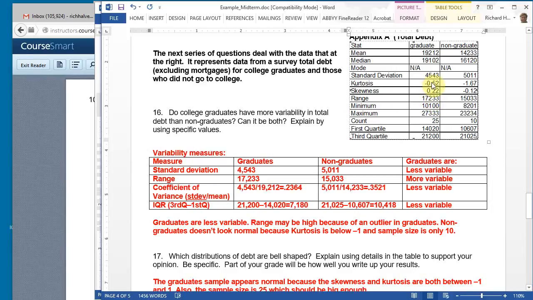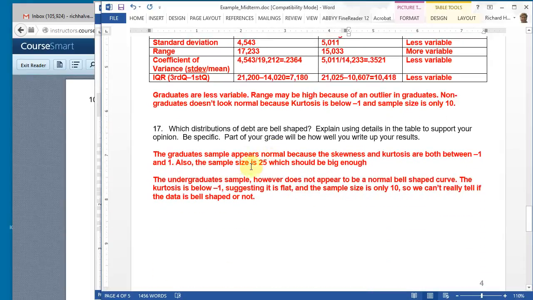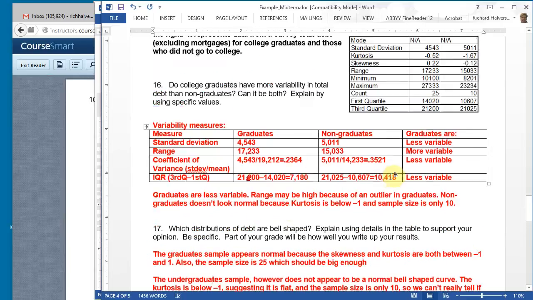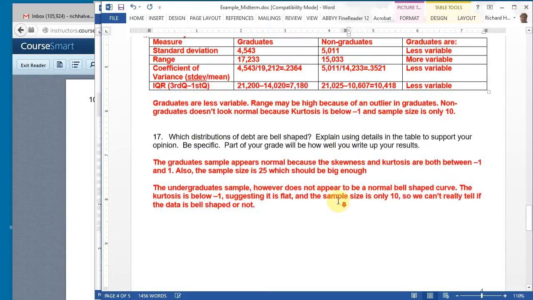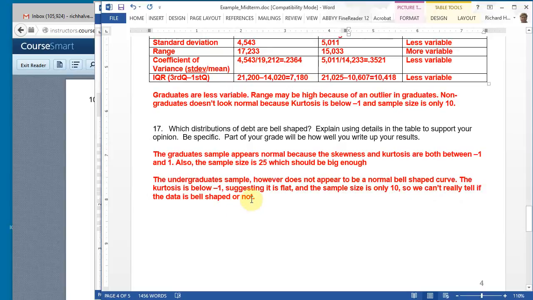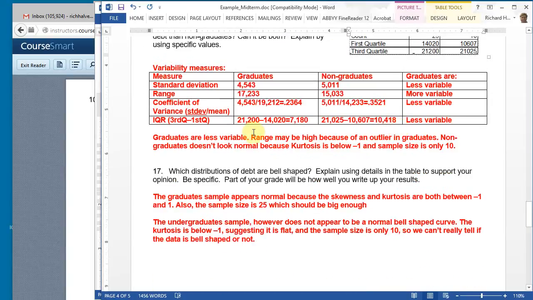That's between -1 and 1. We also notice that the sample size is fairly high, so we can be pretty happy with that. For non-graduates, however, it does not appear to be bell-shaped. Kurtosis is less than -1, which indicates flatness. And we only have a sample size of 10, so we can't really tell if the data is bell-shaped or not from only 10 samples.